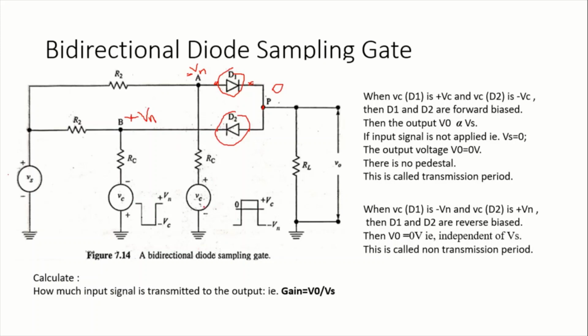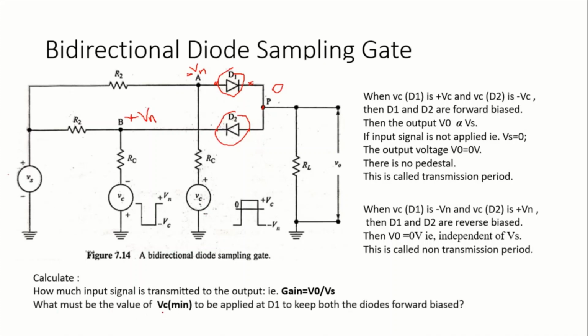So what should be the minimum value of this control signal Vc to keep these two diodes forward biased? Means what must be the value of Vc minimum to be applied at diode D1, and at D2 it will be minus Vc. So these two are complements. The minimum voltage applied at D1 to keep both the diodes forward biased.